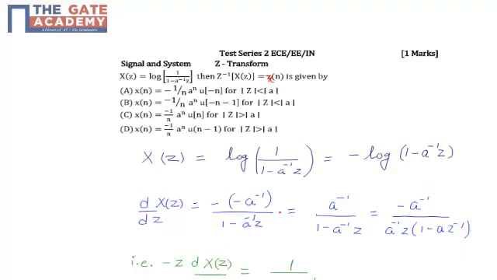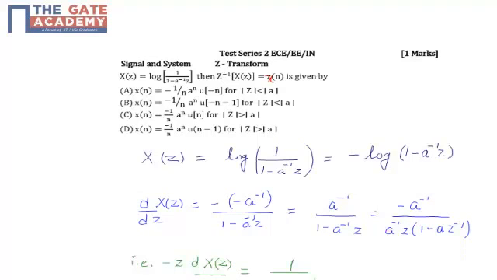So this is equal to a inverse divided by 1 minus a inverse z. If we take minus a inverse z common, we get minus a inverse divided by minus a inverse times z in bracket 1 minus a times z inverse.